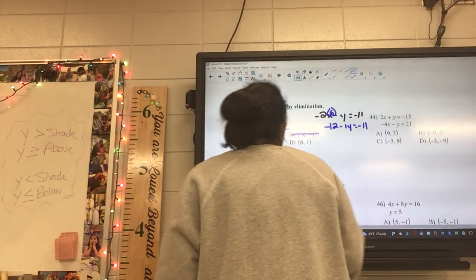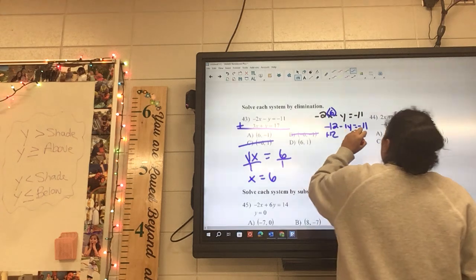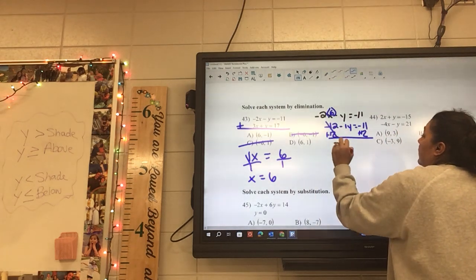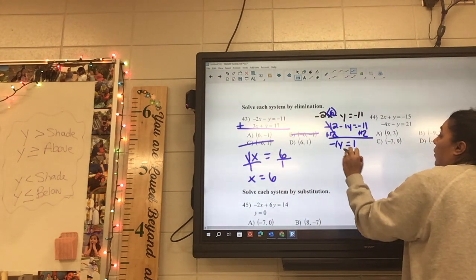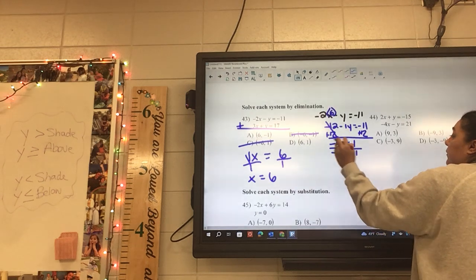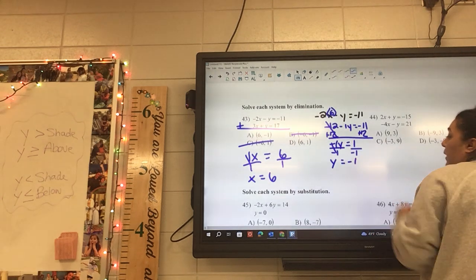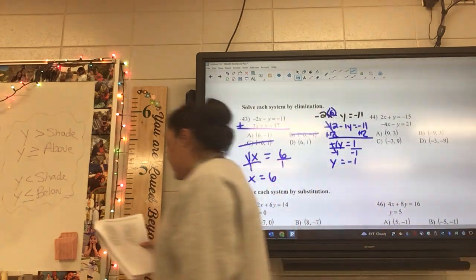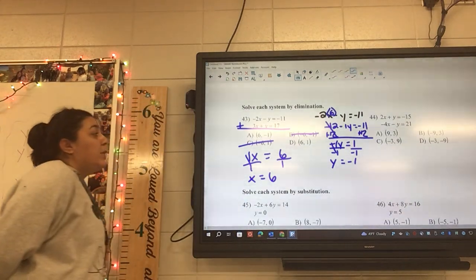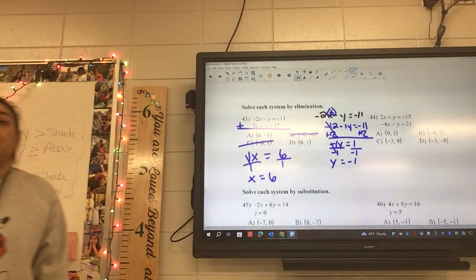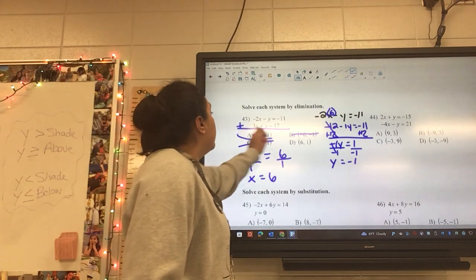Okay, we can add 12 to both sides. So I get negative 1y equals 1. Okay, and then we divide by negative 1 on both sides. And so that gives me y equals negative 1. So which answer choice does it have to be? A. It's got to be A.